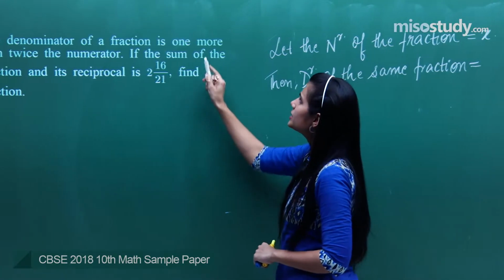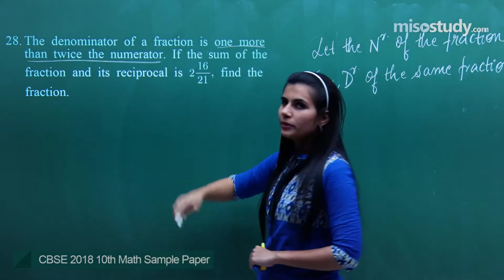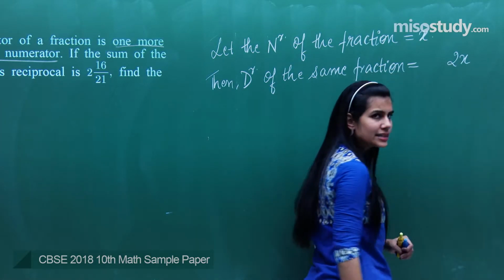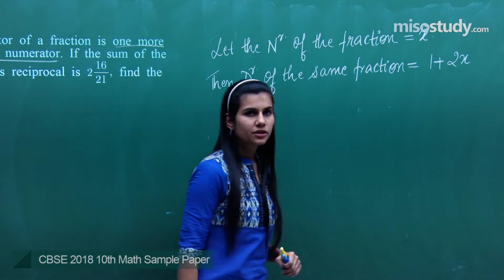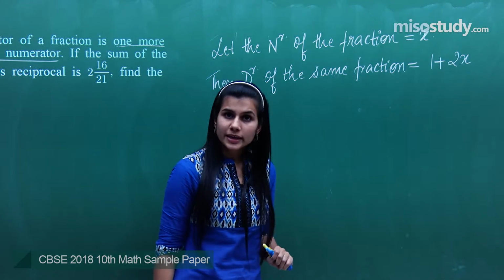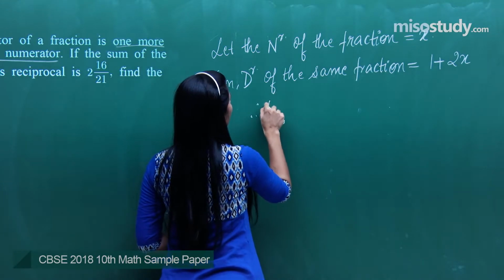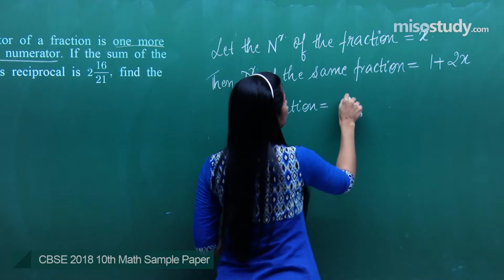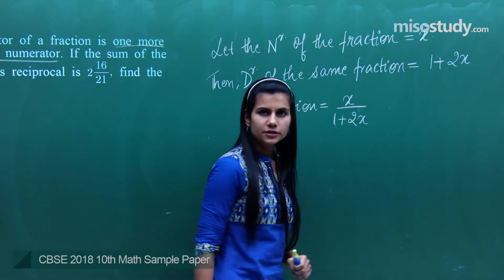The denominator is 1 more than twice the numerator. So, twice the numerator means 2 times x, 1 more than twice the numerator. This is the denominator of the fraction. And therefore, what is the fraction? The fraction is numerator upon the denominator, x upon 1 plus 2x.